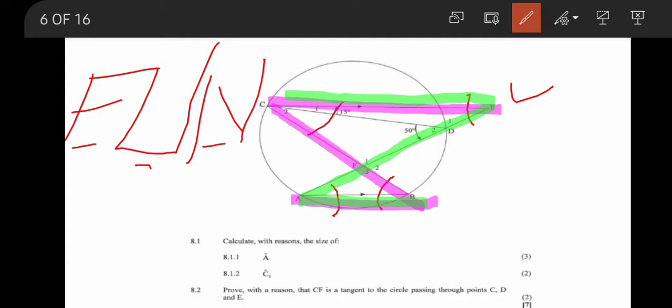So 8.1 says calculate with reason the size of A. From the green Z, we can see that in order to get to A, we must get to E first. So we must find a way of linking E to A.